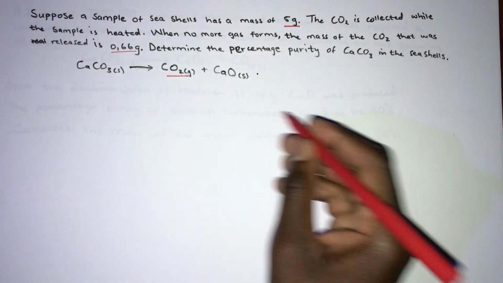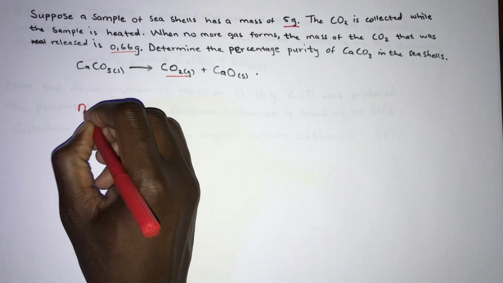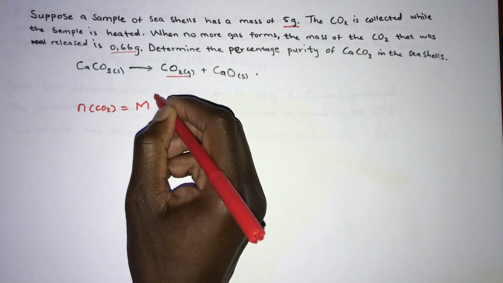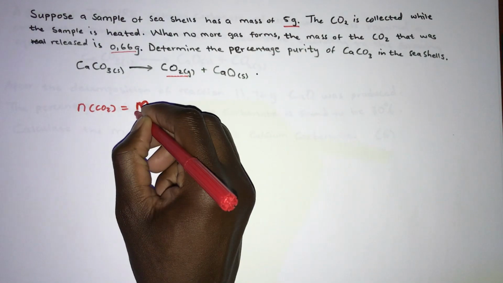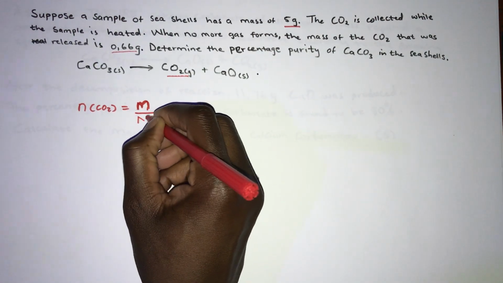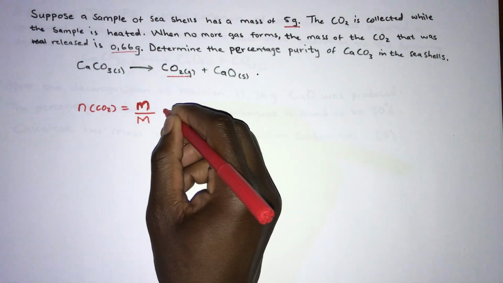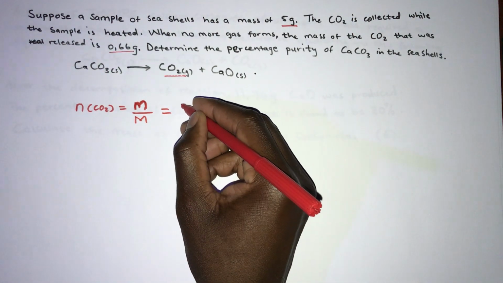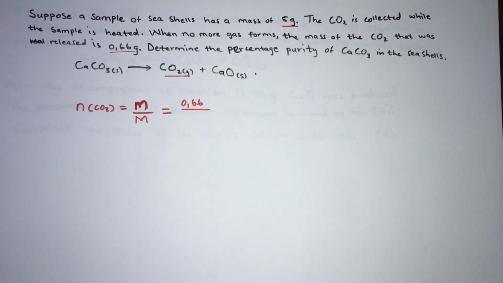The number of moles of carbon dioxide, CO2, is equal to its mass, the small letter m, over the molar mass. The mass is given as 0.66 grams of carbon dioxide.